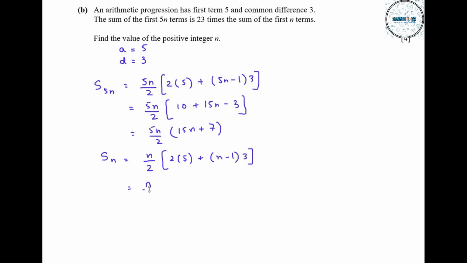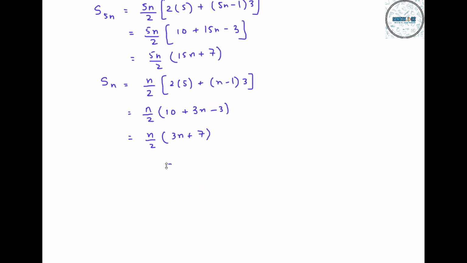So we have n upon 2 into 10 plus 3n minus 3, which is finally n upon 2, 3n plus 7.